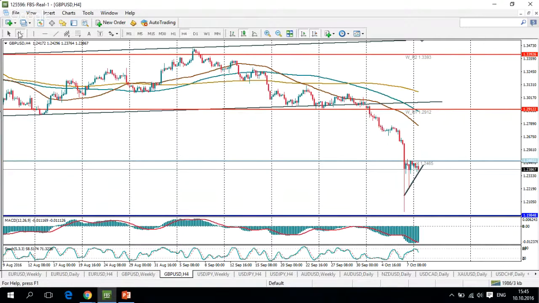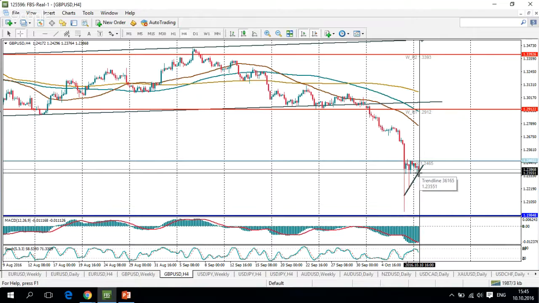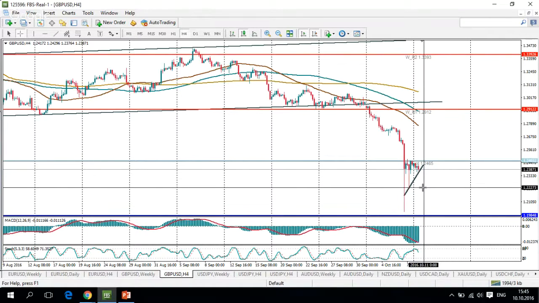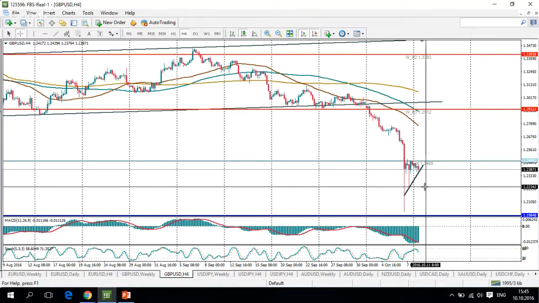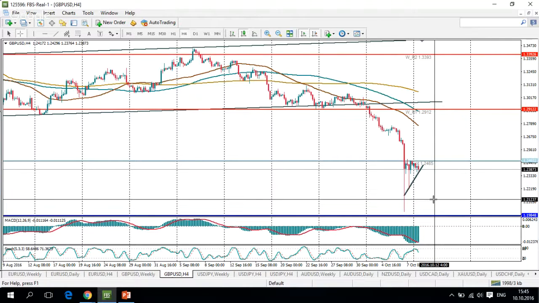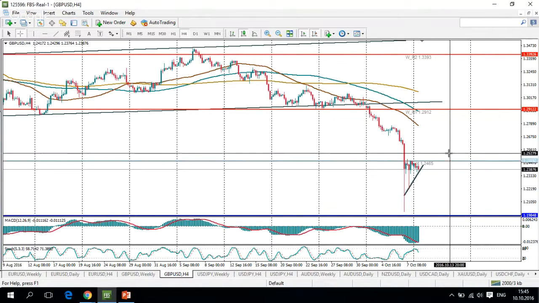Decline below support at 1.2350 will open the way down to the recent lows, to the first spike down around 1.2230, and then 1.2150, 1.20 marks.